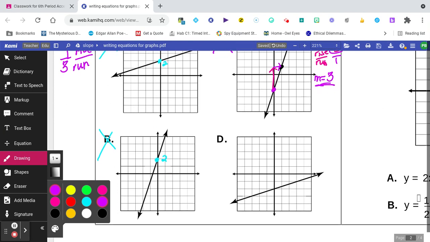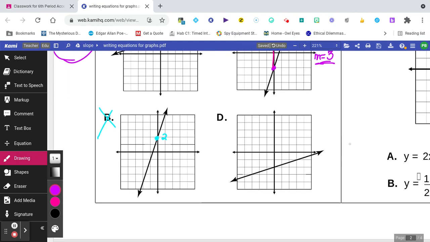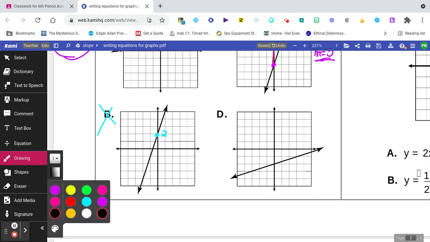All right, but to prove that it's D, again, I have to have a slope of 1/3, okay? To prove that it's D, I'm going to put a point at 0, -2. And I can name another point at 3, -1.